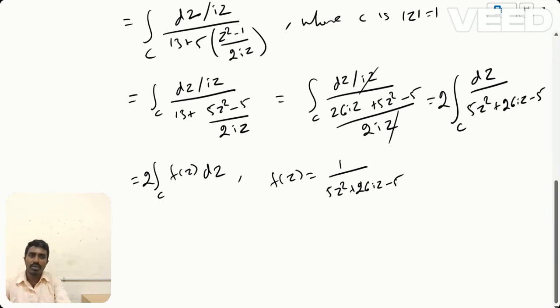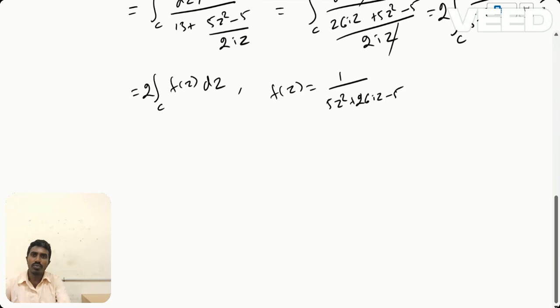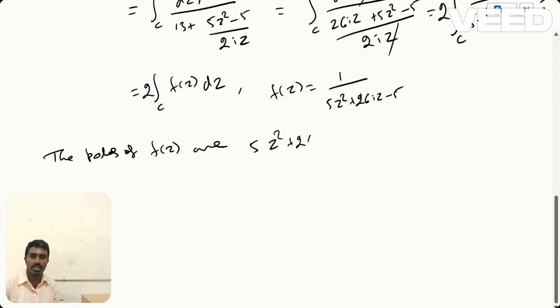I already told we are going to apply the residue theorem. For that we need to find the residue. To find the residue, we need to find the poles. The poles of f of z are given by 5z square plus 26 iz minus 5 equal to 0. So this is a quadratic equation in z.